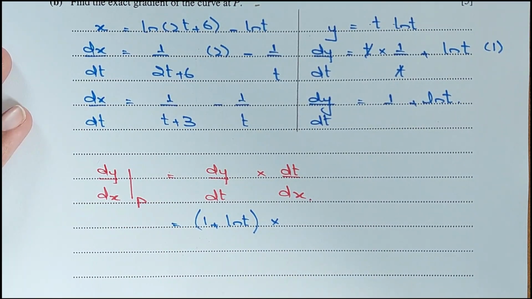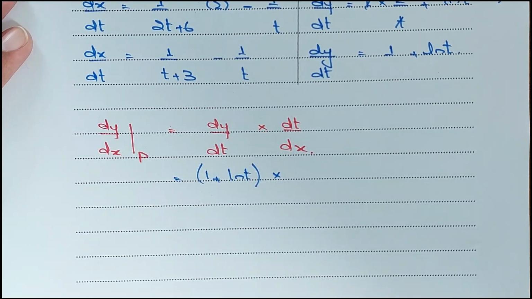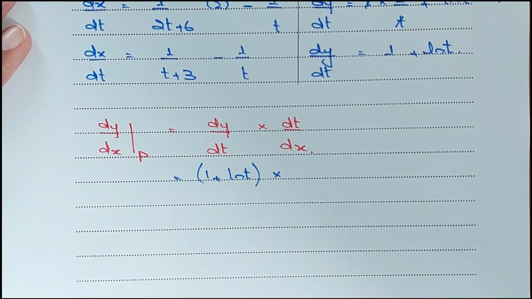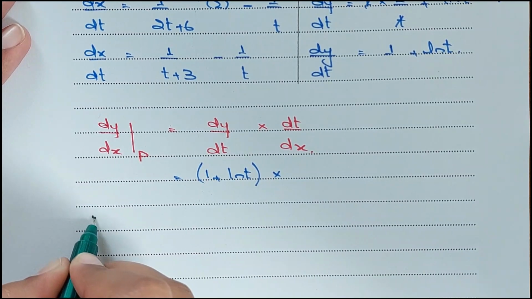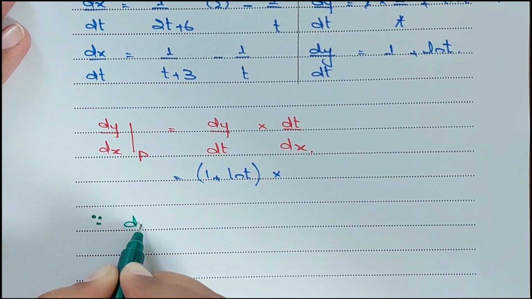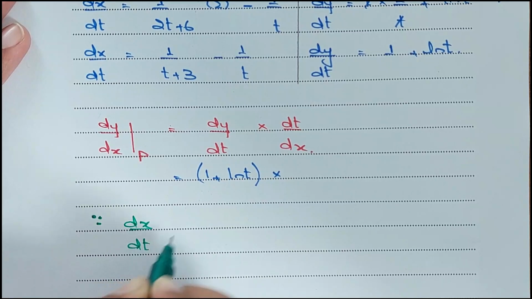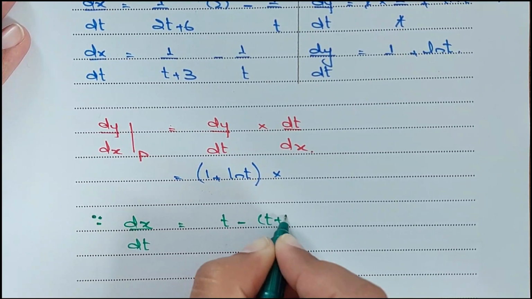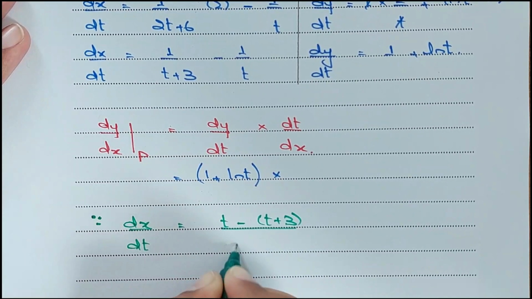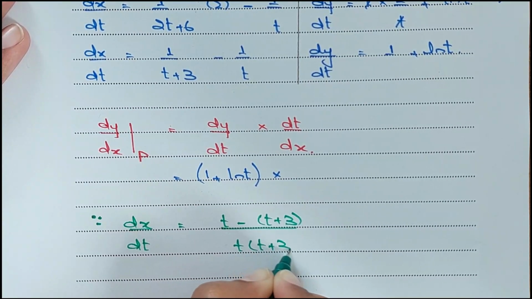So let me simplify this first. dx over dt is t minus t plus 3 over t into t plus 3.